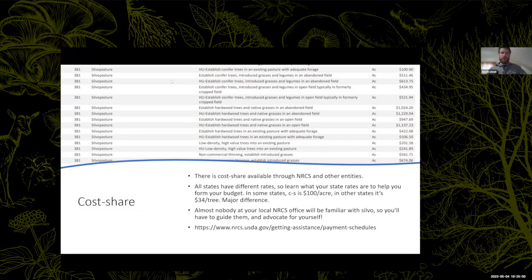A lot of the Appalachian states do have cost share. All states have a different rate for silvopasture. And so it really pays for you to understand how much cost share there is in your state. So the picture up on top, that is an example from Virginia. So that's the cost share rates in Virginia.